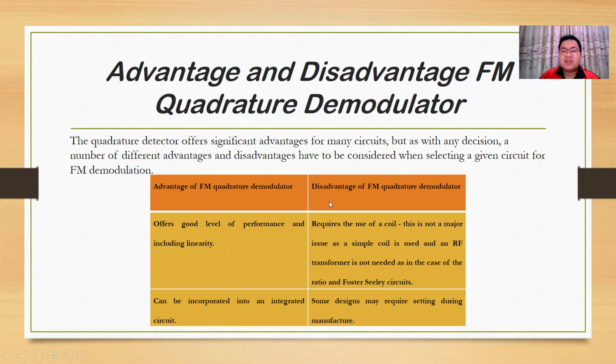Then for the disadvantages of the FM quadrature demodulator: it requires the use of a coil. This is not a major issue as a simple coil is used, and an RF transformer is not needed as in the case of the ratio and Foster-Seeley circuit. Some designs will require setting during manufacture. So these are the disadvantages of the FM demodulator.